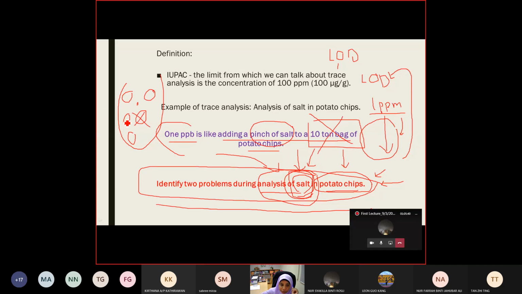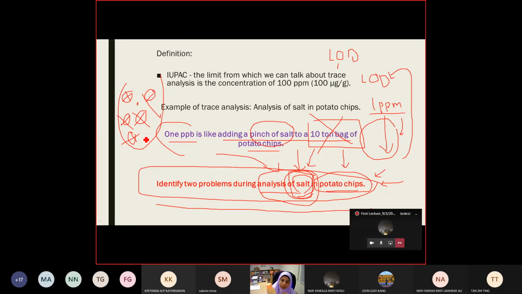When you remove them, you can see your salt very clearly. That is the problem in trace analysis. One, your concentration is too low. Second is because of the matrix. So when people give you a drink sample, water or whatever, you should encounter these two problems.